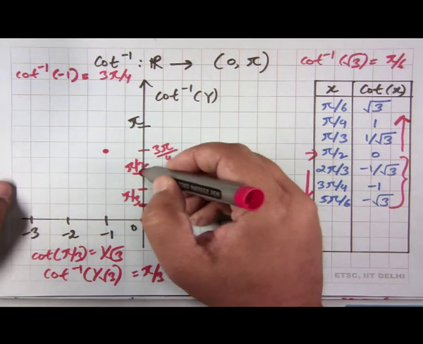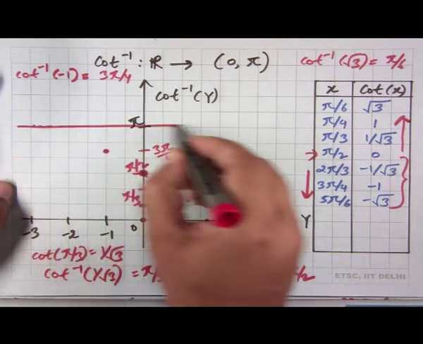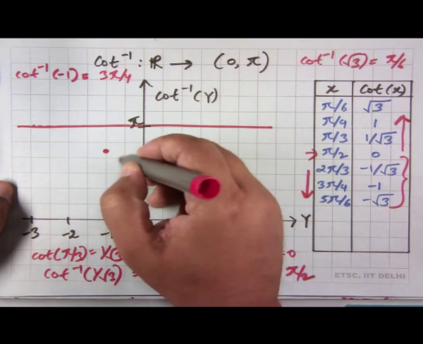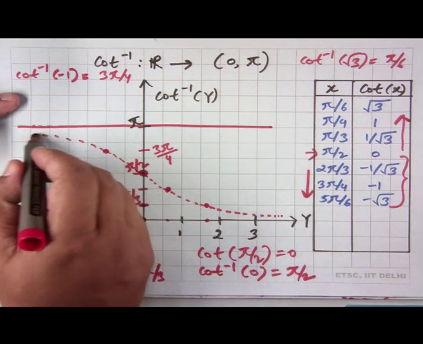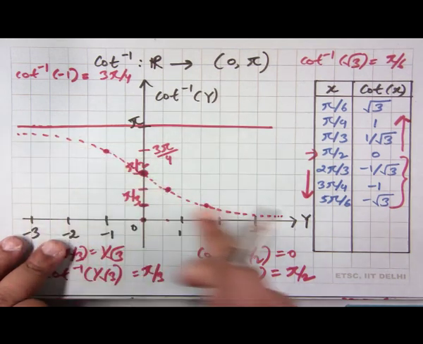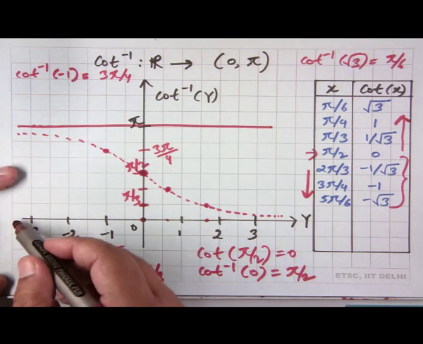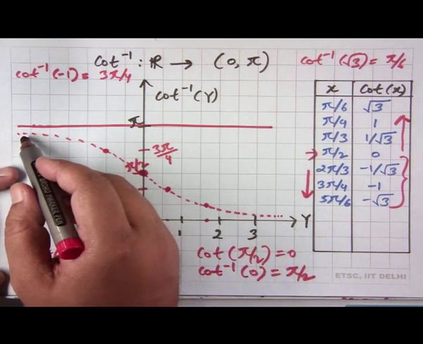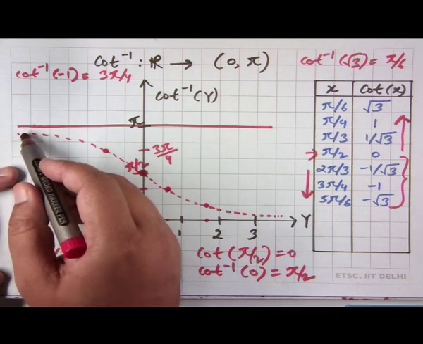So, this is pi. So, this curve, the dotted curve, will go something like this. So, we finally have the red dotted curve for cot inverse of y. As y becomes more and more negative, cot inverse y will tend towards pi, but it will always be less than pi. In fact, it will never be equal to pi.